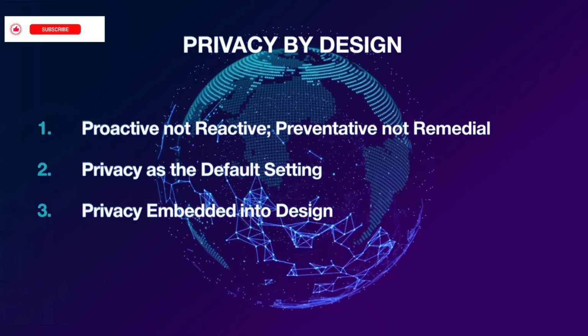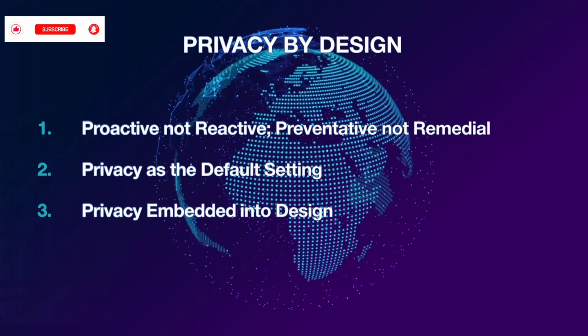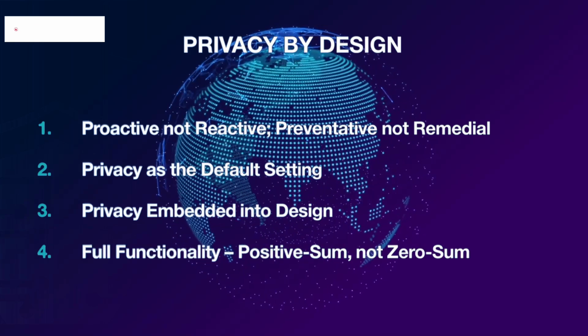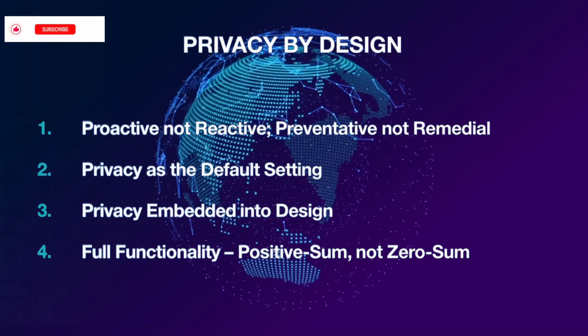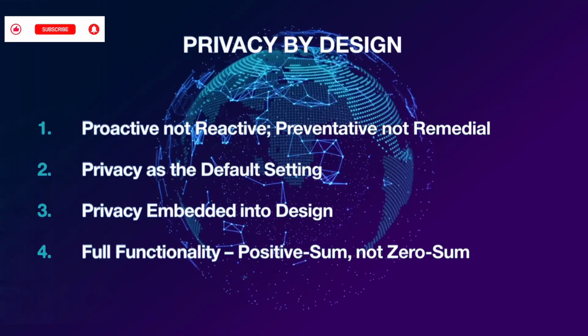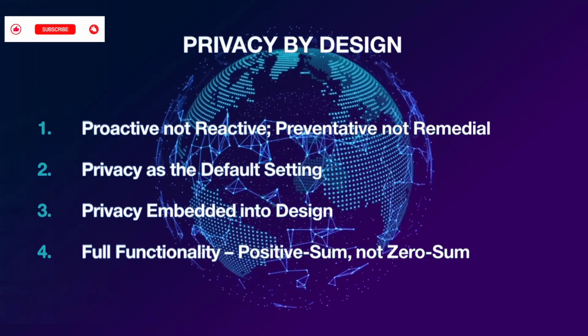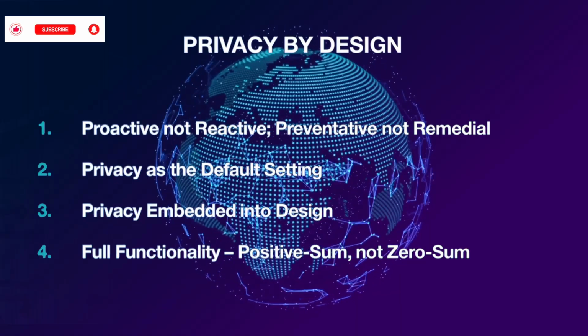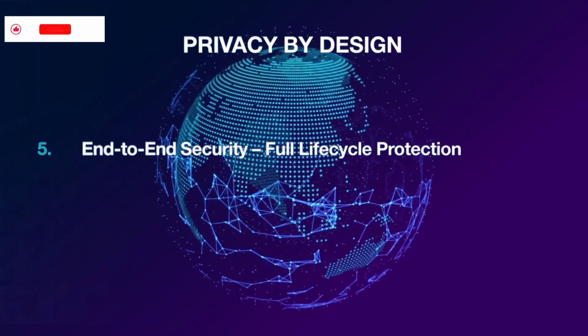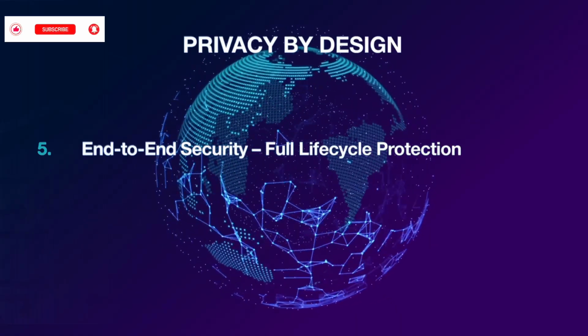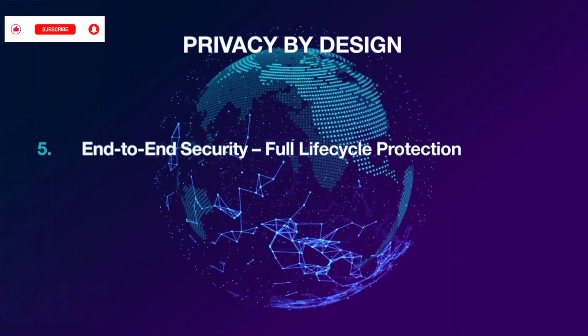Number 4 is full functionality, everything working together in order to protect privacy. They call it positive sum, not zero sum. Number 5 is end-to-end security, which is full life cycle of protection. And we will talk about that as we talk about the development life cycles.